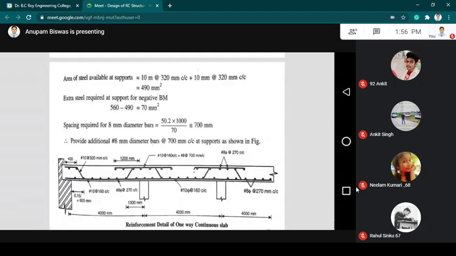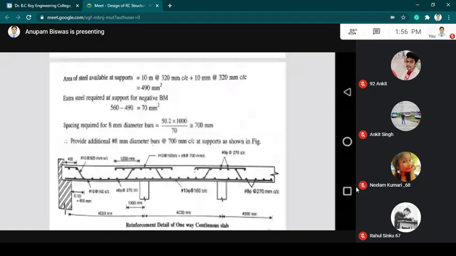After the design has been done, finally we have to draw the sectional elevation, and we must start with the support where we must show the quantity and specification of the bar that is provided at the support.